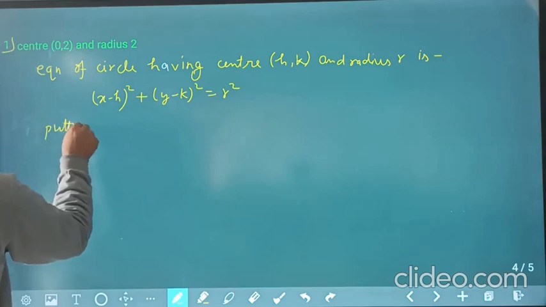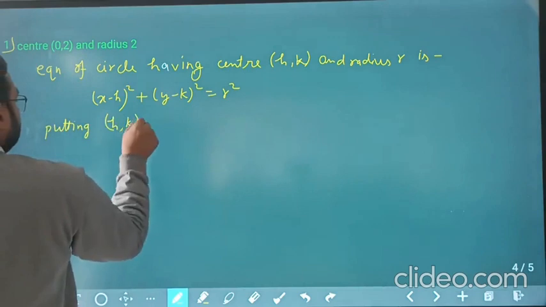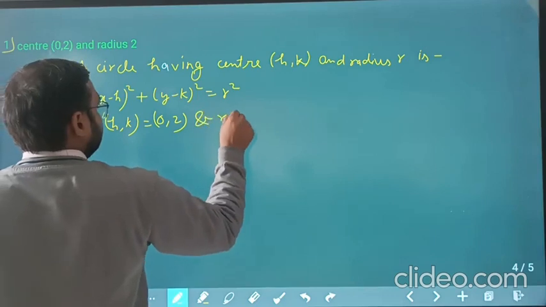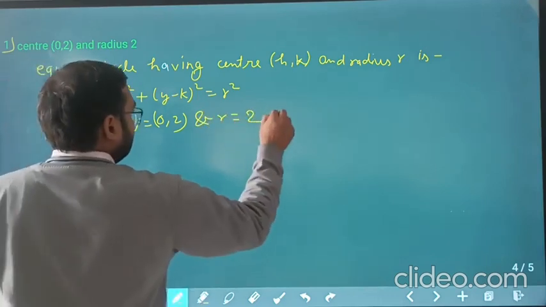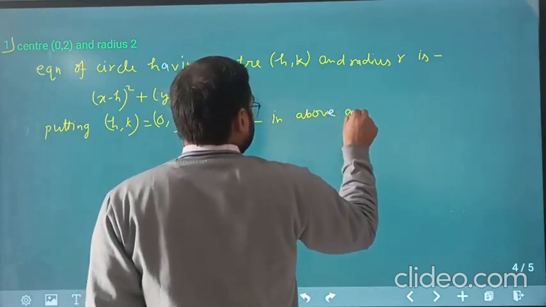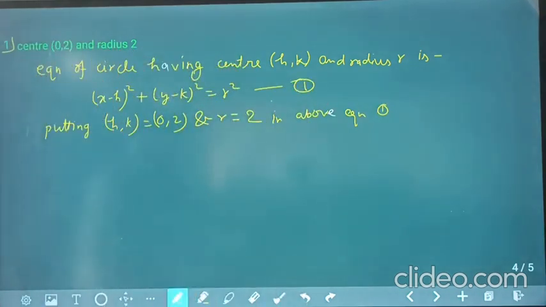Putting (h, k) is equal to (0, 2) and r is equal to 2 in the above equation, that is equation number 1.